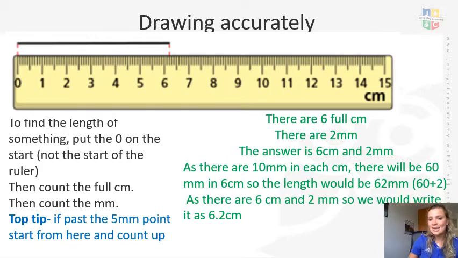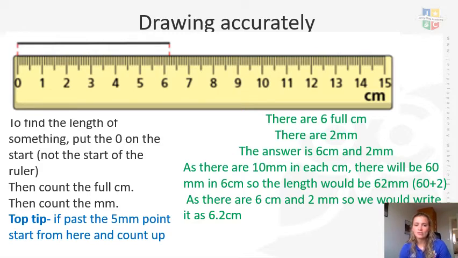Now, as there are 10 millimetres in each centimetre, in 6 centimetres we need to use 6 times 10, which is 60. So I could then add 60 and the 2, so it will be either 6 centimetres and 2 millimetres or 62 millimetres long.